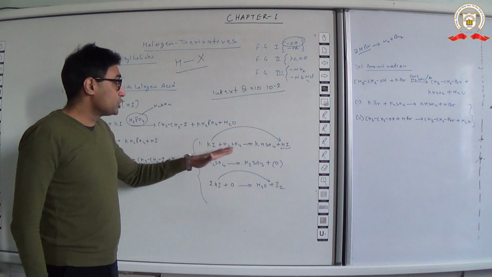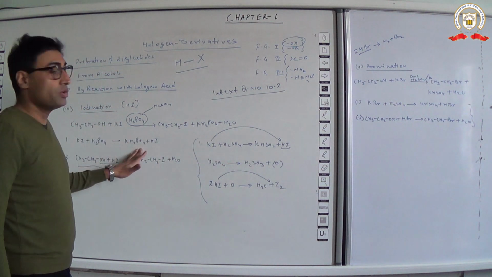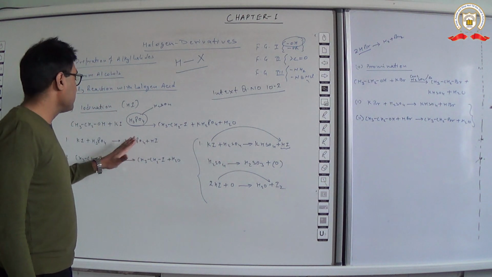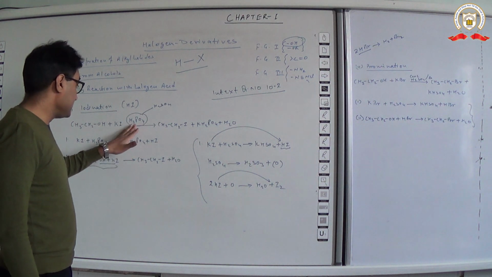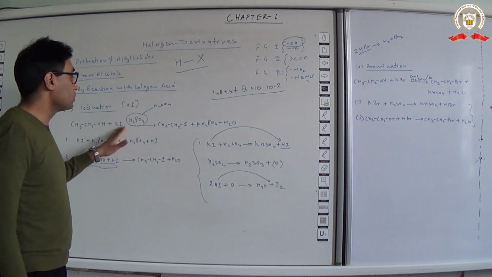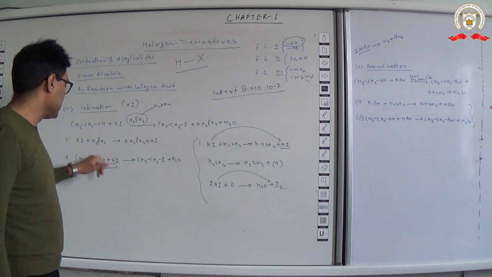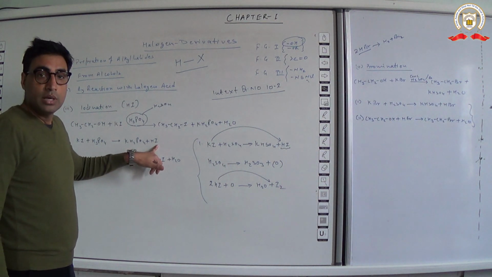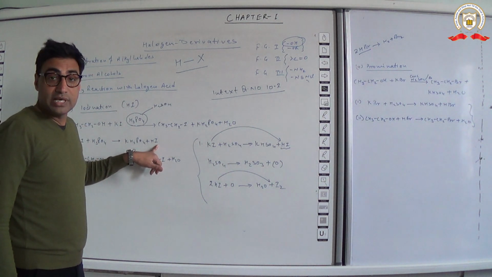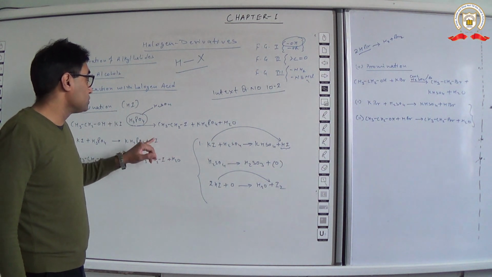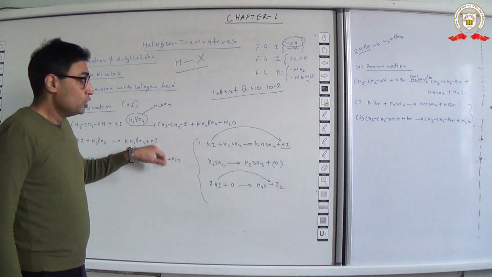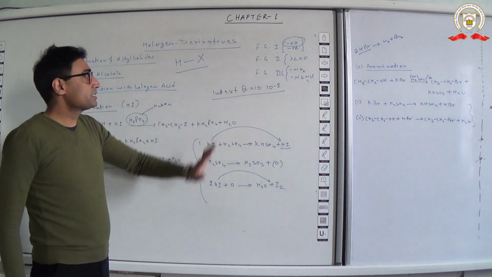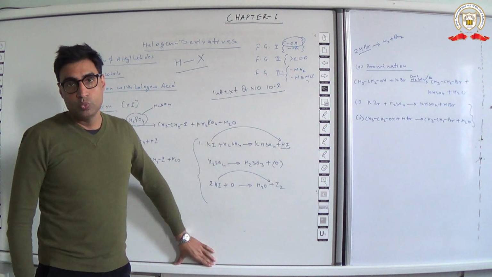That's why instead of H2SO4 we use H3PO4. H3PO4 will simply donate a proton to form HI like it is doing here. And since it is not a good oxidizing agent, it would not decompose this HI to I2. So this is the answer to your in-text question number 10.2.